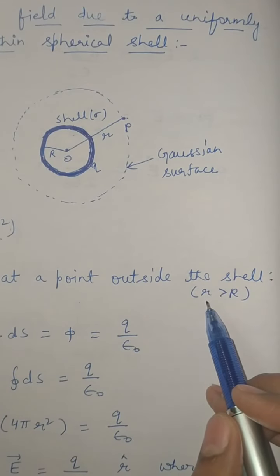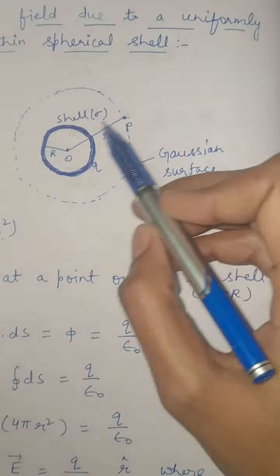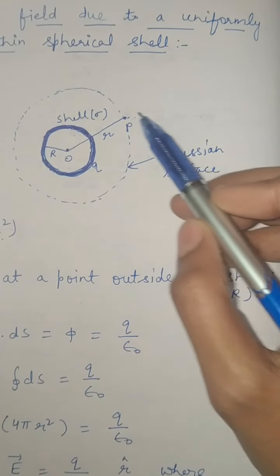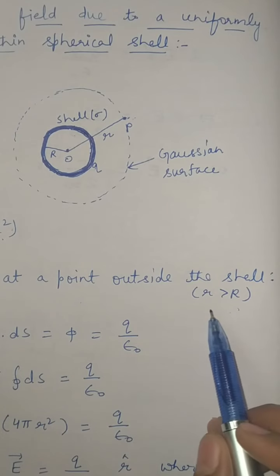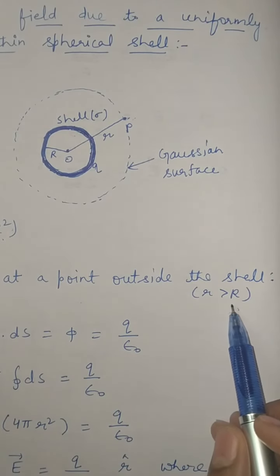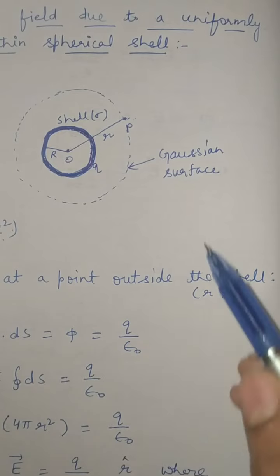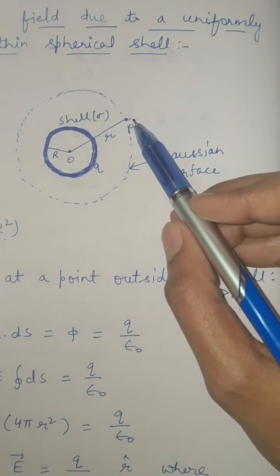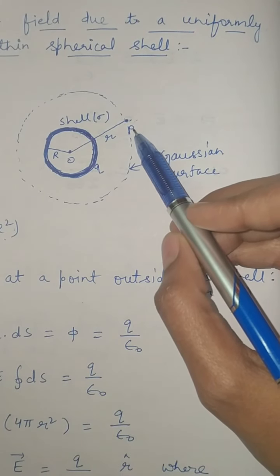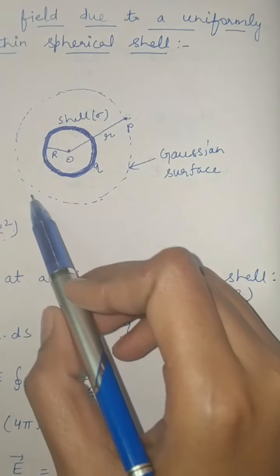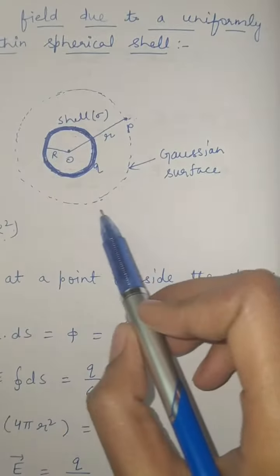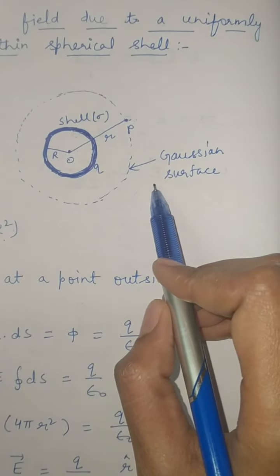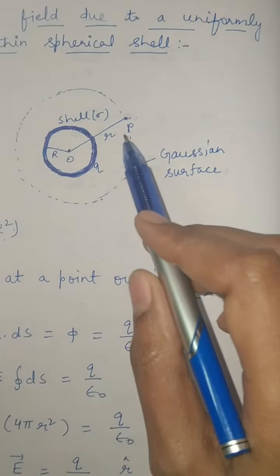So in this case, small r, the distance of this point from the center, is always greater than the radius of the shell, means small r is greater than capital R. To calculate the field at this point, I have taken a spherical Gaussian surface. This dotted line represents the Gaussian surface, which is in the spherical form.